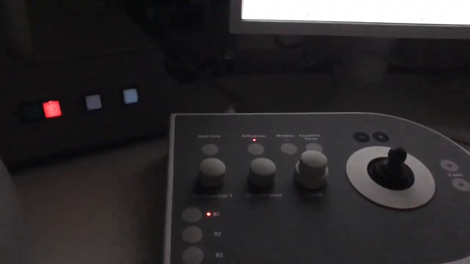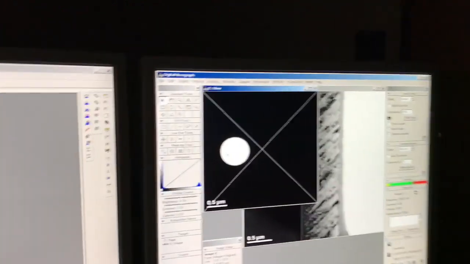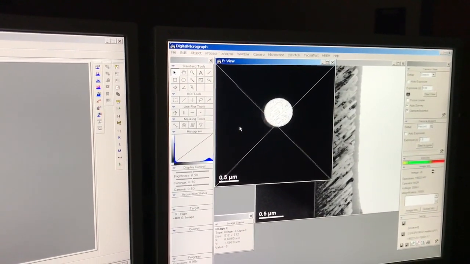So now I'm going to go back into image mode here, put my screen back up, and shift my selected area aperture so I'm just over the film.